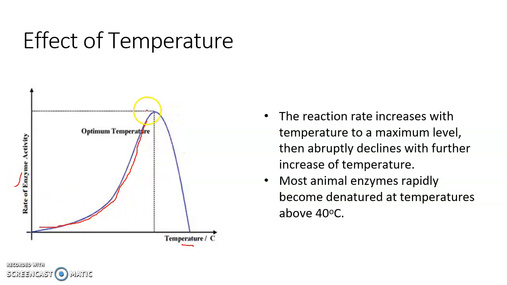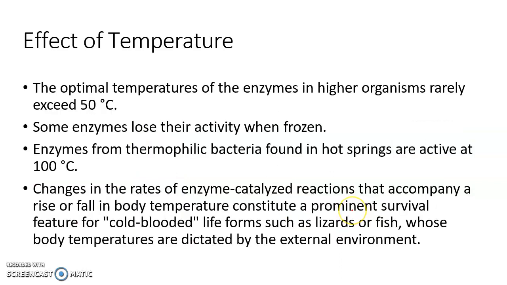And after the optimum level, the reaction rate reaches a maximum, and then it declines rapidly with further increase of temperature. Most animal enzymes rapidly become denatured, because they are made up of protein, at temperatures above 40 degrees. This is mandatory. Clear? Right.